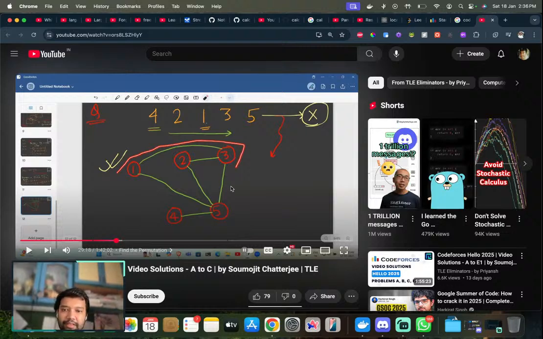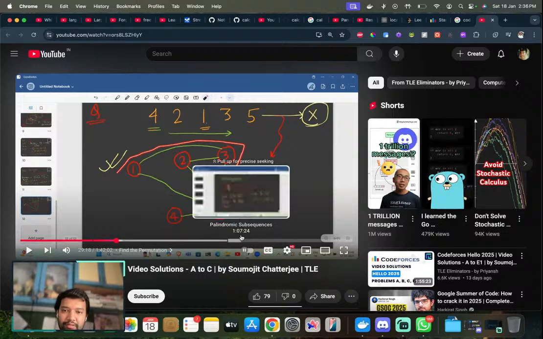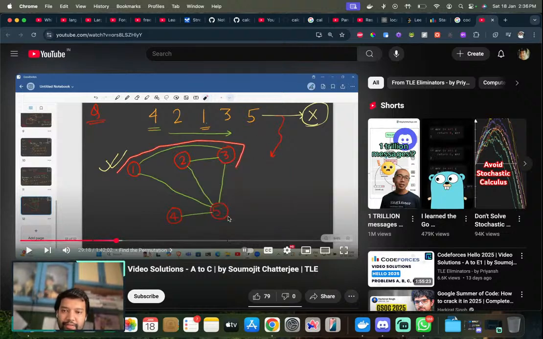Instead of having this, I would just have a directed edge from 2 to 3, 2 to 5, 3 to 5, 1 to 3, 1 to 5, and 4 to 5. And I'll do a topological sort on this graph.